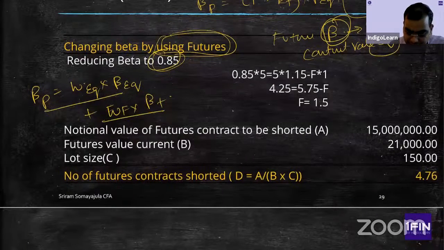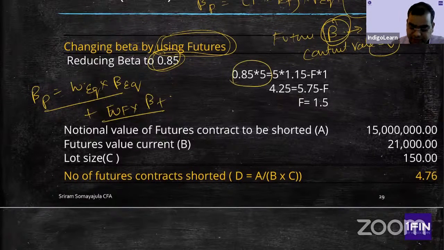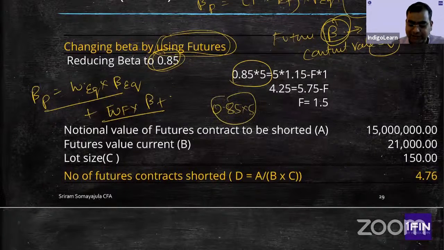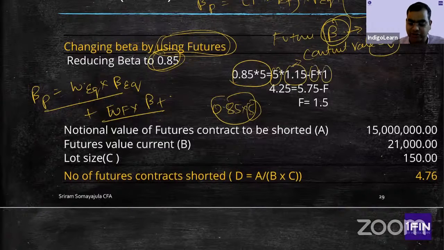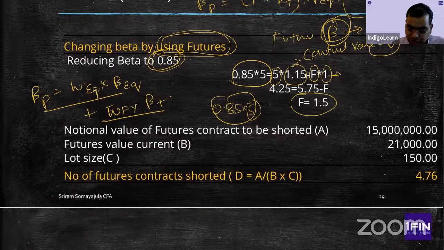So let us see. 0.85 into 5, that is the value of the portfolio into portfolio beta, is equal to 5, which is the existing equity, into 1.15, which is the existing equity's beta, minus value of the future contract into beta of the future contract. Because it is an index future, the beta is 1. If you solve this, you'll get the future value as 1.5 crores.